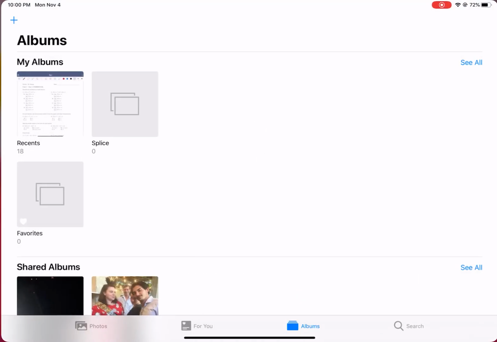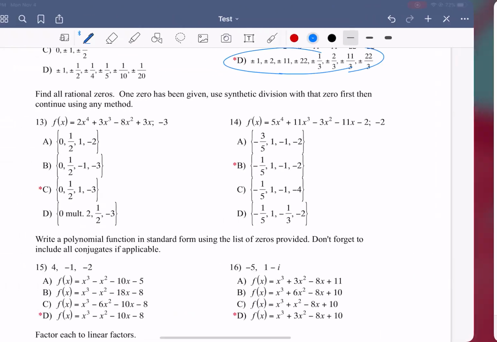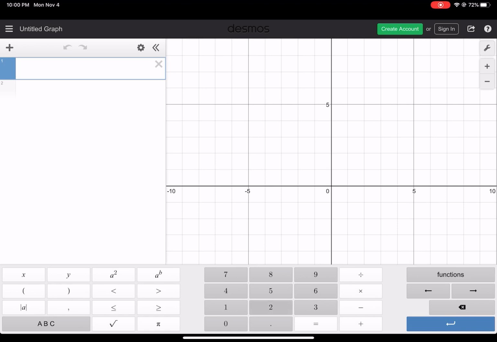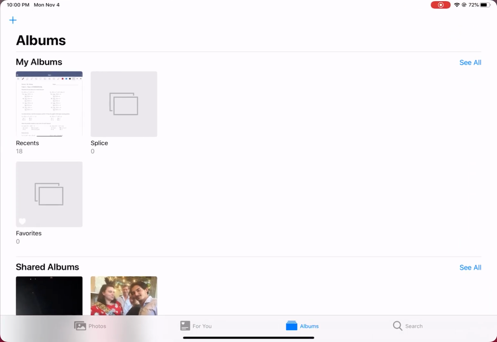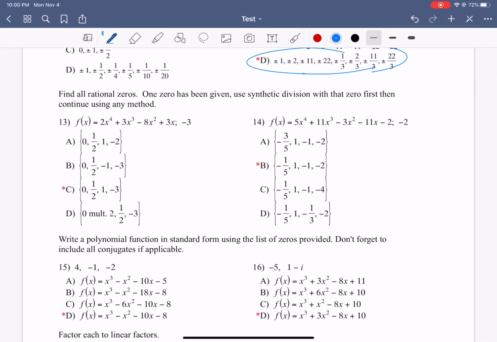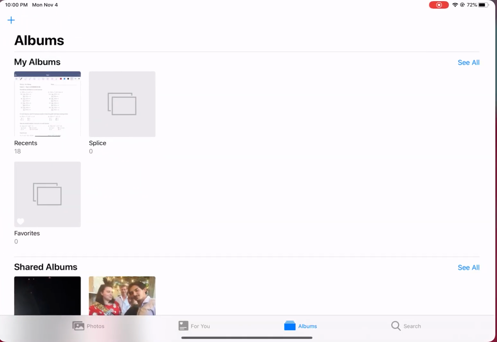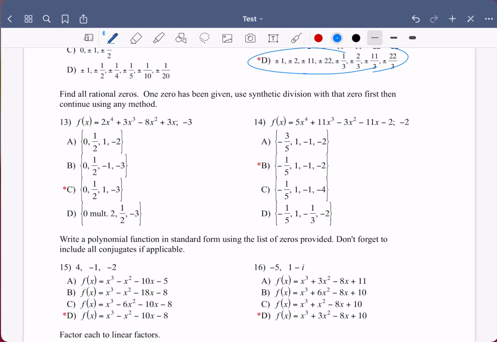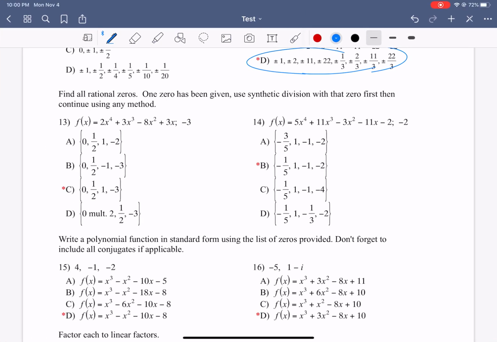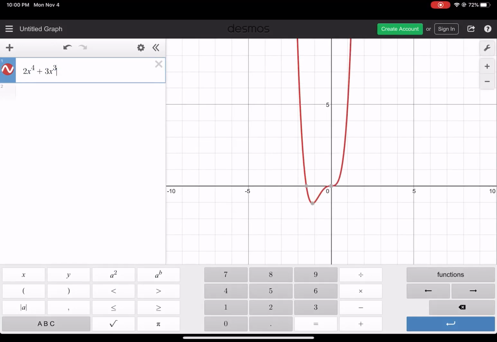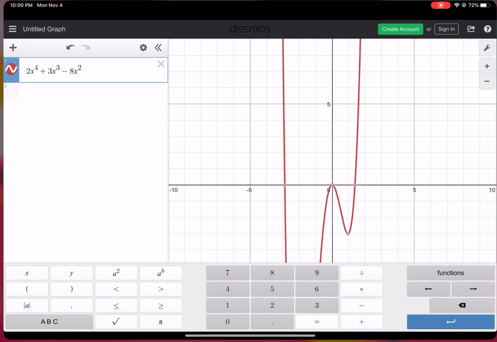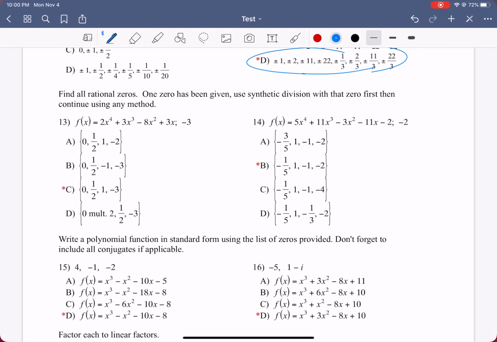So we have 2x to the 4th, three x cubed, minus 8x squared, plus 3x.